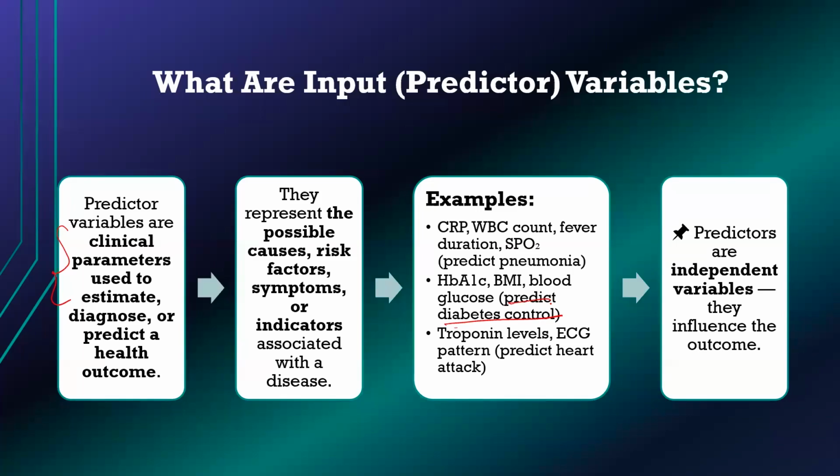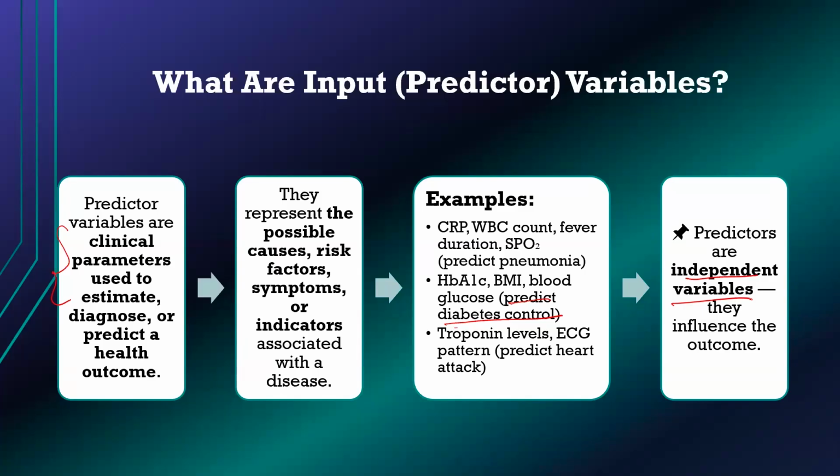So these predictors are also named independent variables. This name is pretty commonly used while working in the AI domain. Independent variables are the ones that influence a certain outcome. For instance, if a person is suffering from cold, fever, and some other relevant symptoms like throat irritation, these are all independent variables, or we call them predictors. And there could be a final outcome variable, such as whether inflammation exists or not.